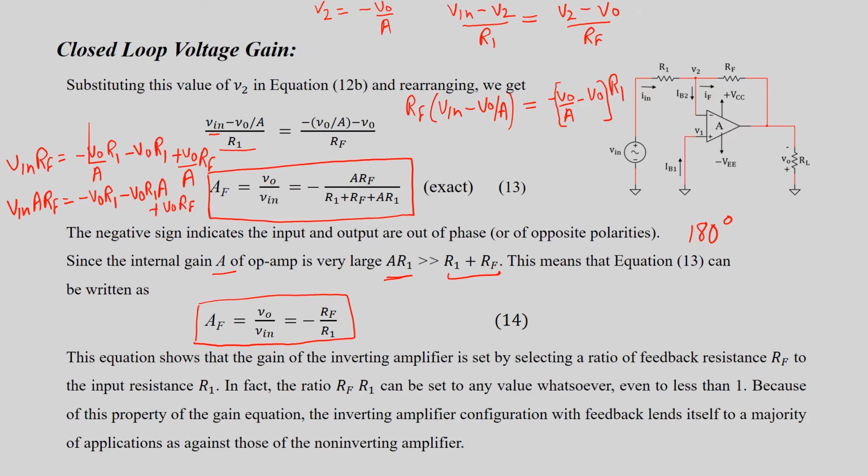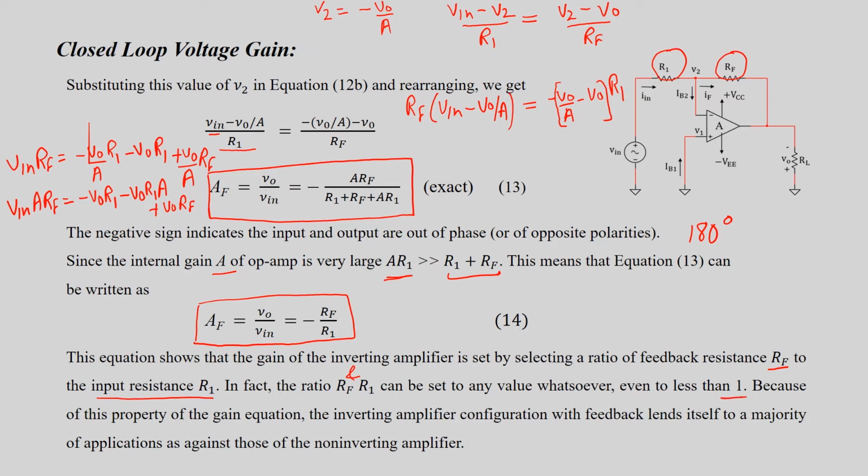This equation shows that the gain of inverting amplifier is set by selecting the ratio of feedback resistance RF and input resistance R1. So this RF and this R1. So the ratio of RF and R1 can be set to any value whatsoever, even less than 1.